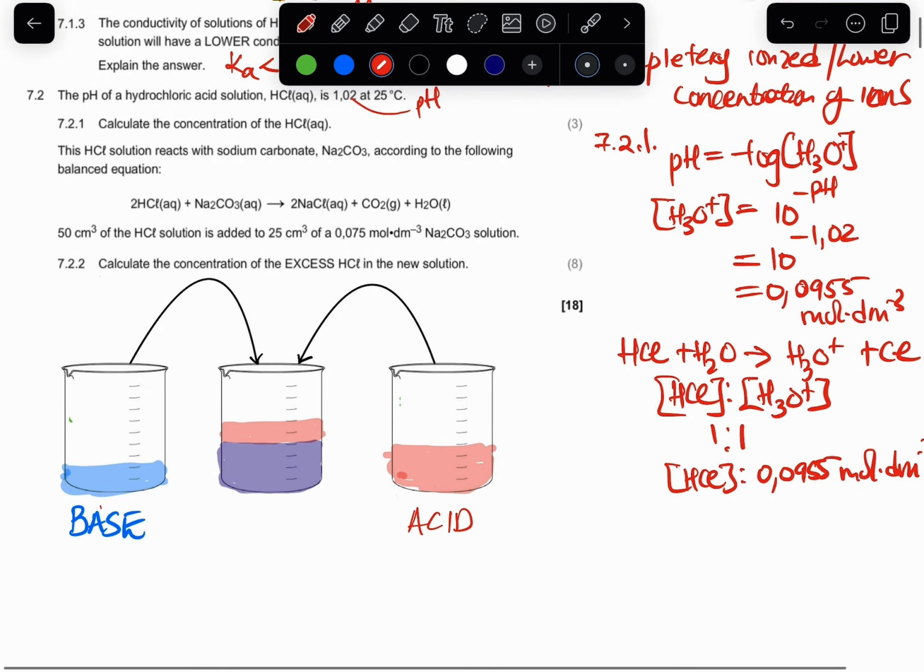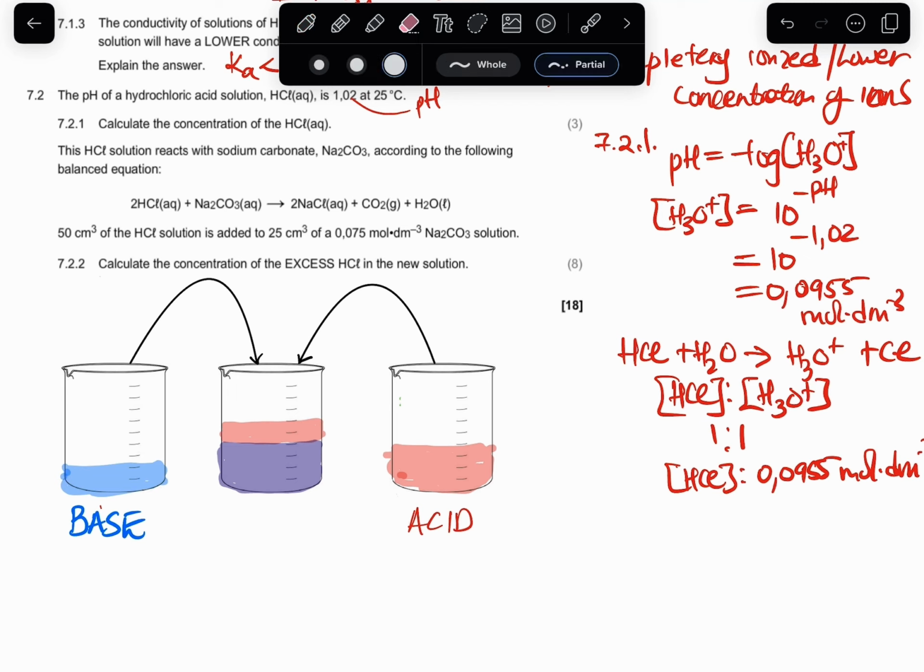Now let's move to the next question, which is the 8-mark question. It's a difficult question and an interesting question. In this question, you really need to understand this analogy or example that I'm going to use here. Now, let's read the statement.